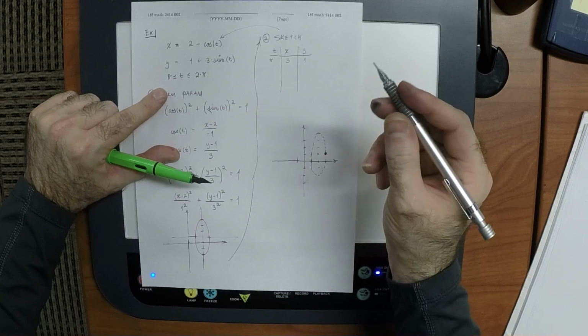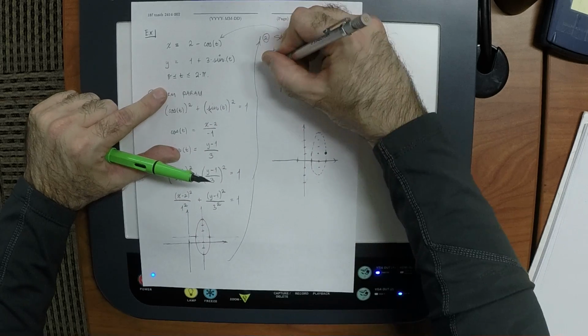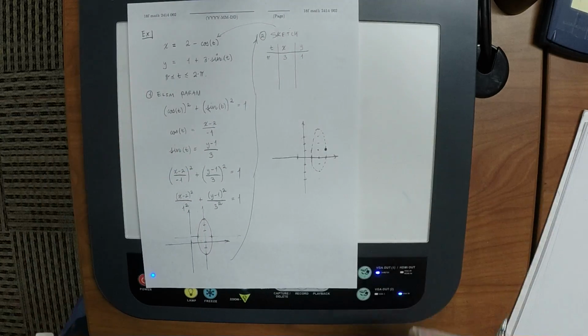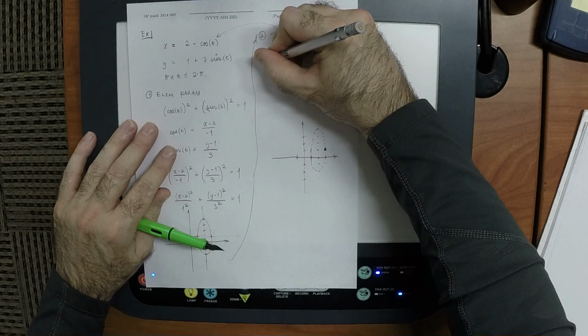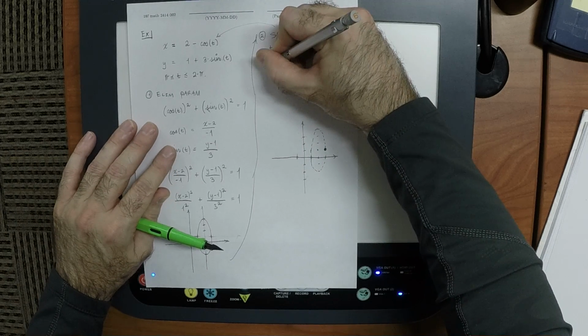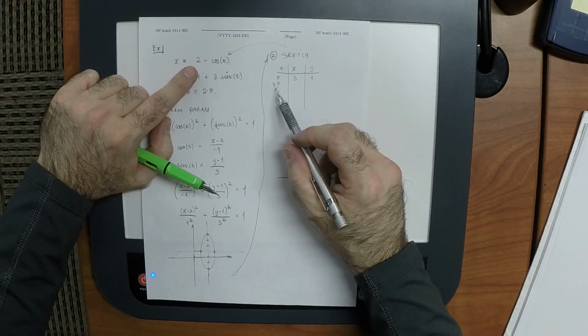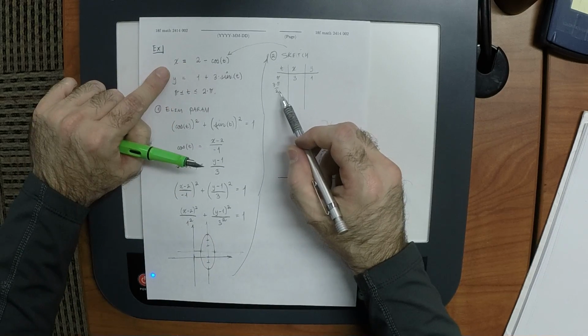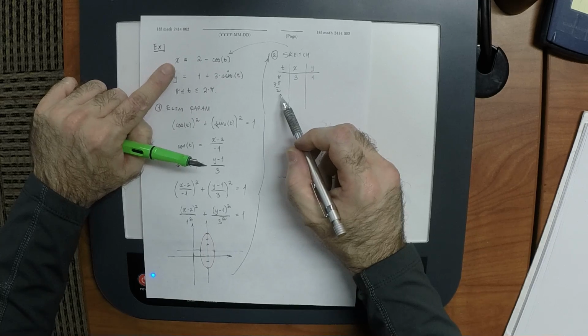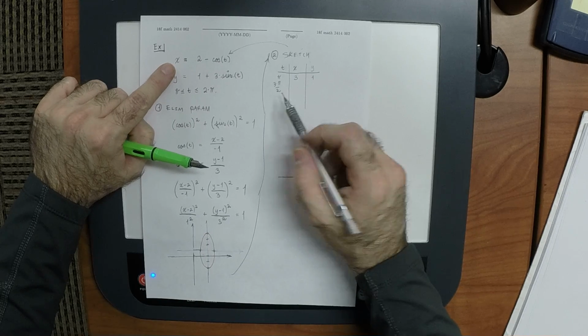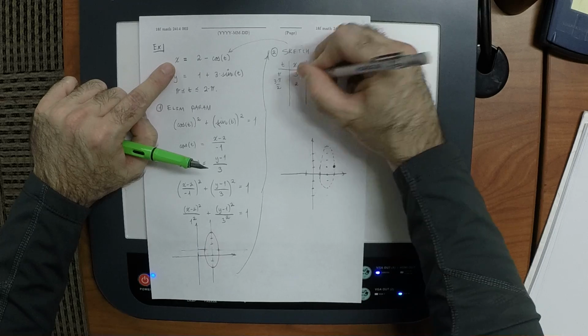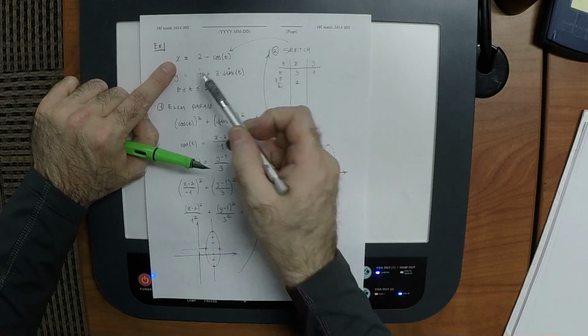Which one? 3 pi over 2? Okay, I'm going to do that. So 3 pi over 2. All right, so suppose we plug that in. x evaluated there would be what? 2, right? Cosine there is 0. So x is 2.